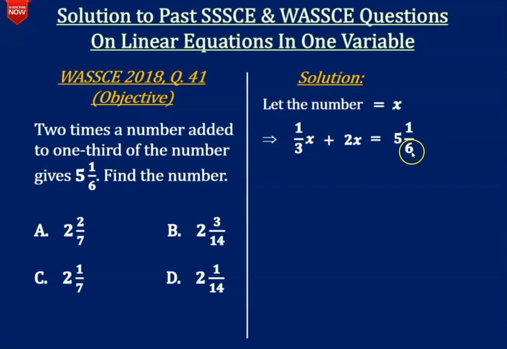To be able to solve for x, let's first convert the mixed fraction into an improper fraction. So on the left-hand side, we have 1/3 of x plus 2x. 6 times 5 is 30, and 30 plus 1 is 31. So we have 31/6 on the right-hand side.